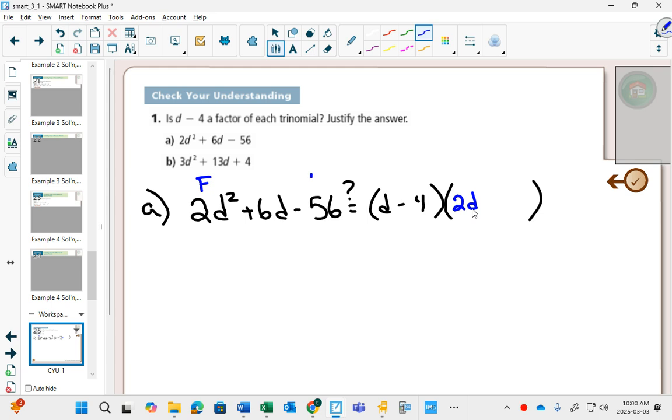And if my last one is 56, 4 times what is 56? It's a little bit past your times table. 4 times 14. It would have to be 14. And if it's a negative 56, do you see that it would have to be plus 14?